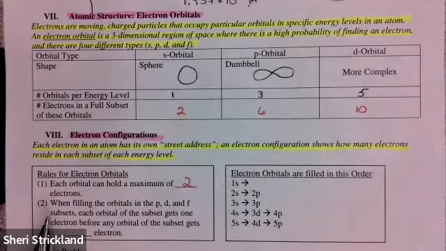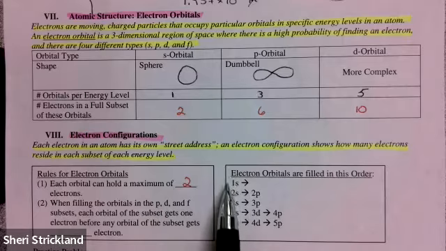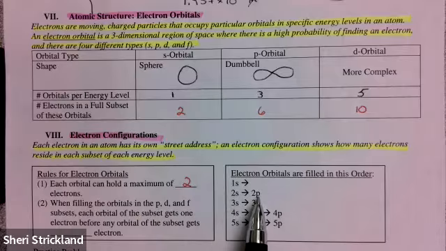All right, come on back down here and we'll use this. When you're going to do an electron configuration, we're filling the orbitals in the s, p, d, and f subsets. But different energy levels have an increasing number of subsets. The first energy level only has an s subset. The second energy level has both an s and a p.